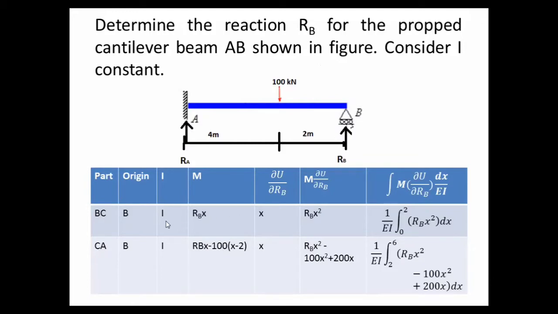Then the I value for both the parts is the same, which is given data. I is constant. Now I want to calculate the moment in both the parts separately. I have taken a free body diagram for the BC part, and now I am going to write down the equation of moment for the BC part.